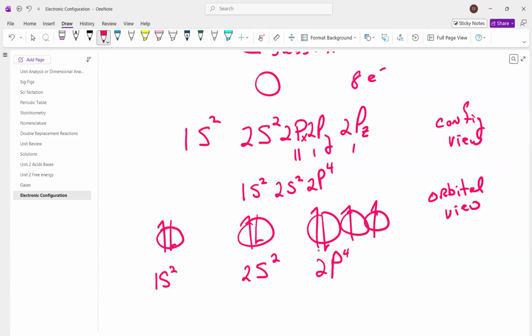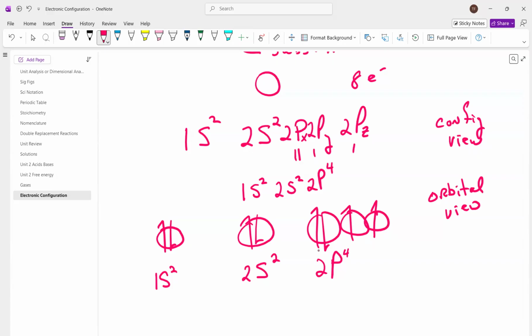You go back to the start of the P's. Yeah, exactly. So if it was 6, like carbon, then it'd be one per, and then one paired up.